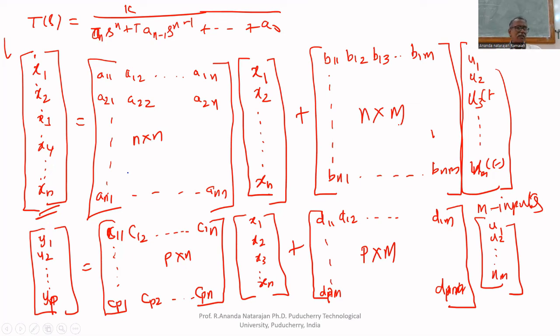So dimension of the A matrix is N by N. This matrix is called the A matrix. This matrix is called the B matrix. This the C matrix, and this the D matrix. Therefore, I can write the state model as X dot equal to A matrix multiplied by X plus BU, where X is the state variable matrix.